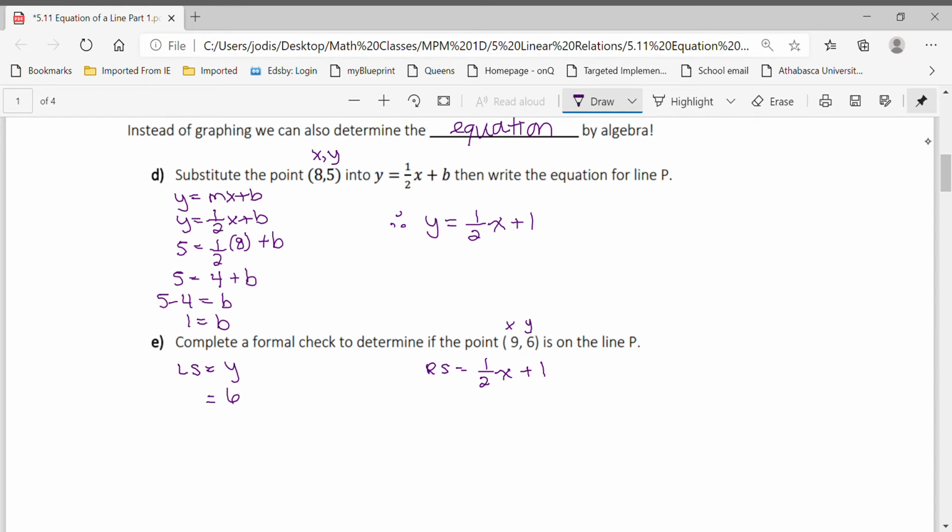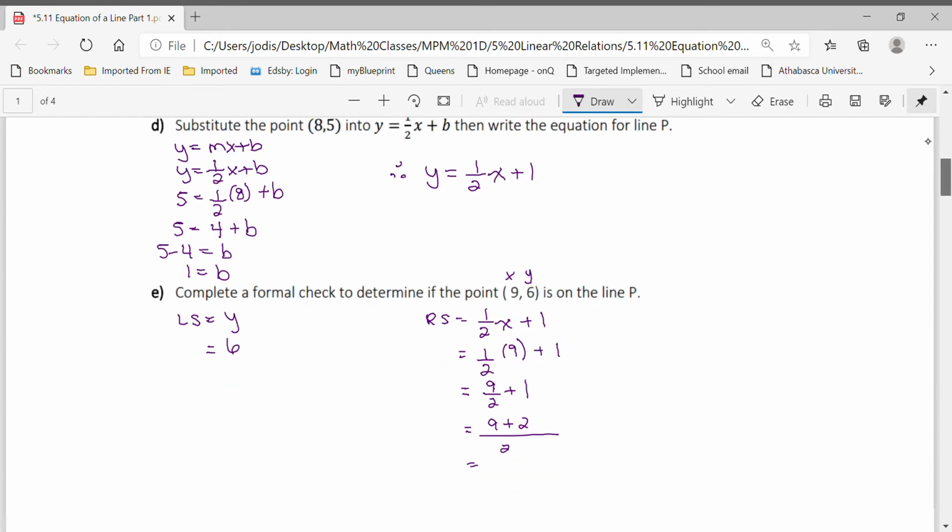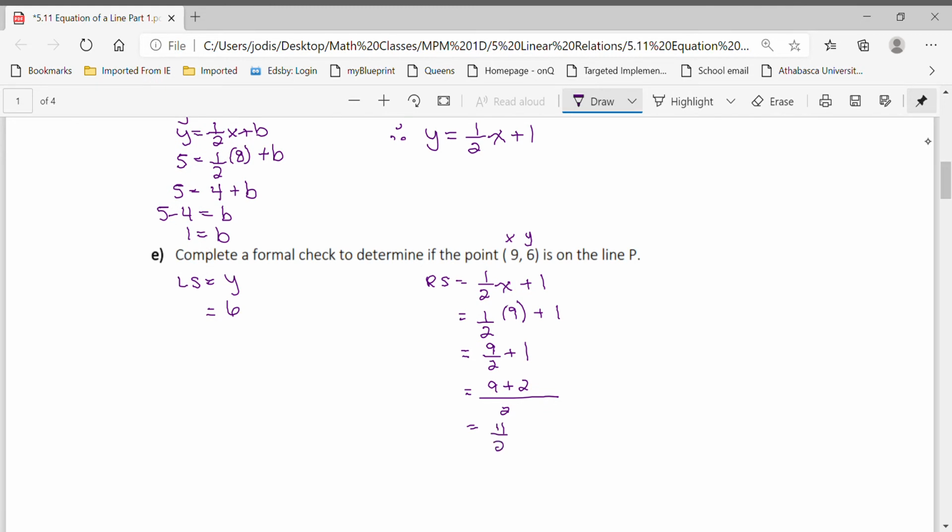So our left side equals 6. And then on our right side, we have 9 for x. So this is 9 over 2 plus 1. Well, if we get a common denominator, this is saying 11 over 2, because 1 over 1 is just 2 over 2.